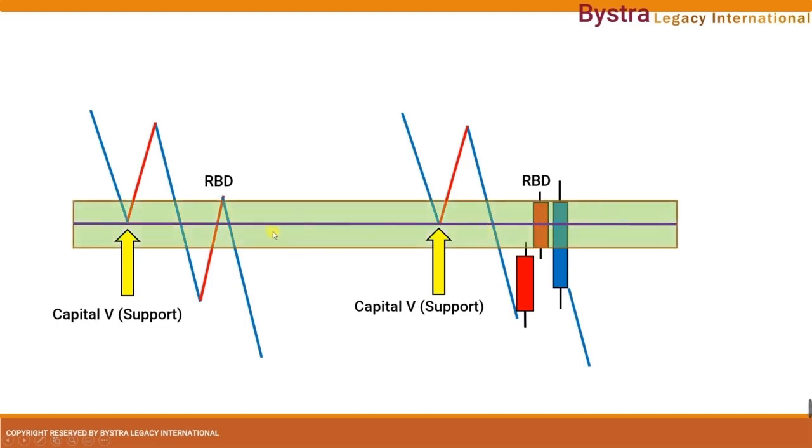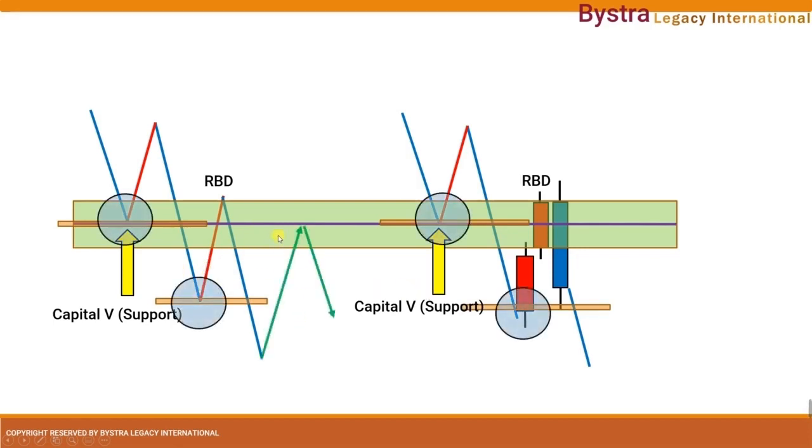We then mark the zone, just for monitoring purposes. So what should we do now? The third SOP is to make sure that we broke two supports, the first support and the second support. Then price will come back to our sell limit order and continue on the downtrend.